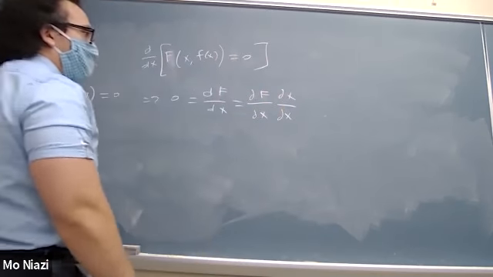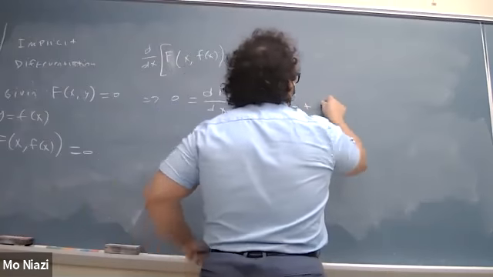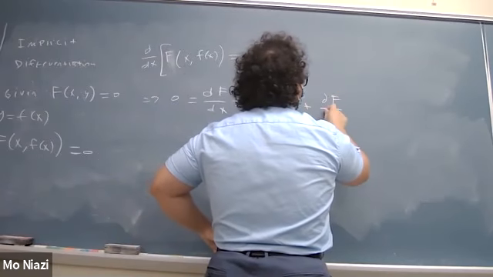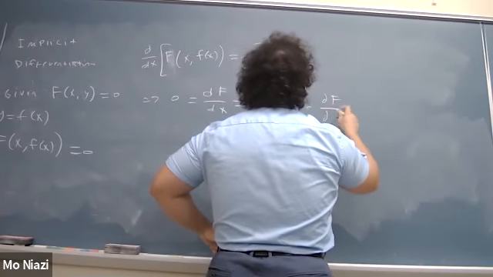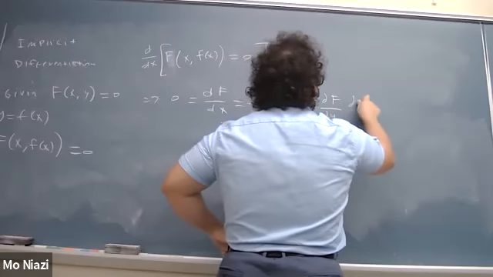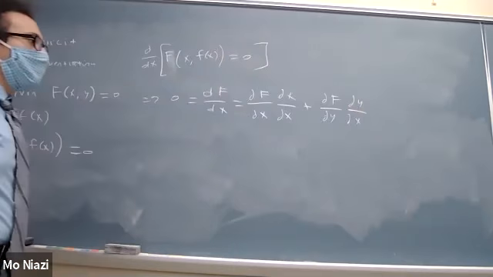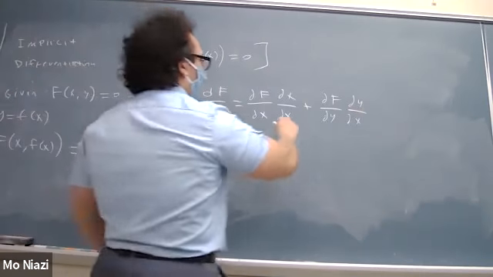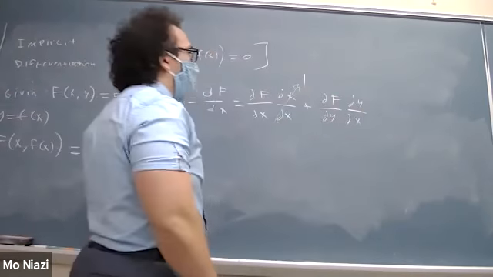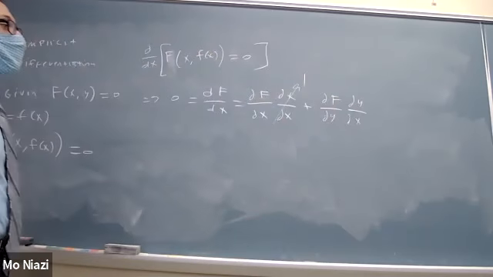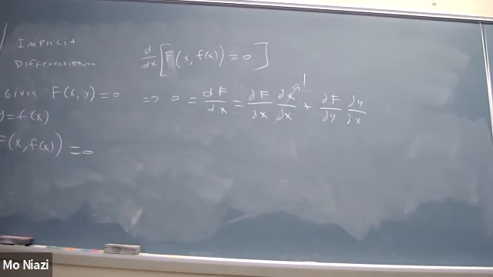And that's plus partial f, partial y, or your f of x, partial y, times dy dx. Notice that anything divided by itself is 1. Or you can consider that as partial x of x, which is also 1. That piece turns into a 1.